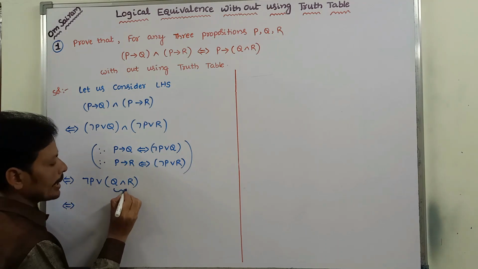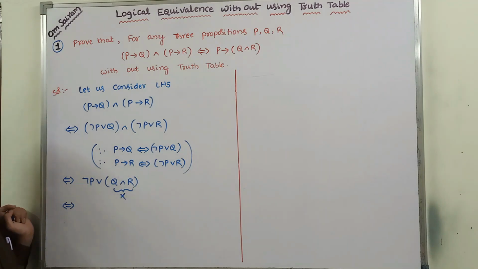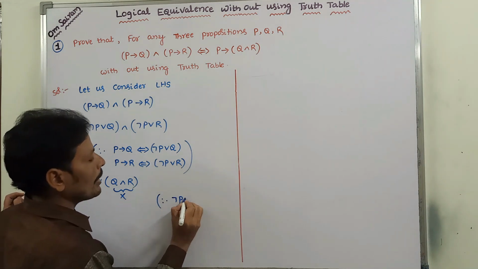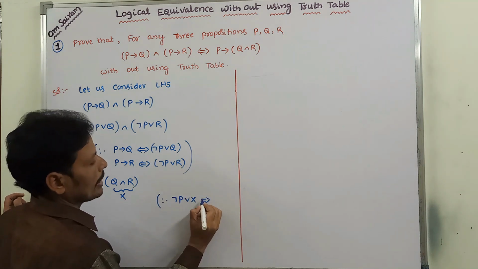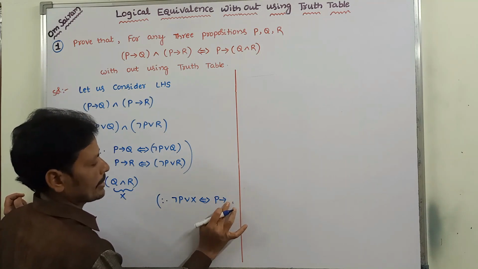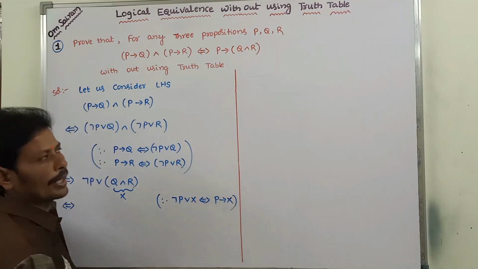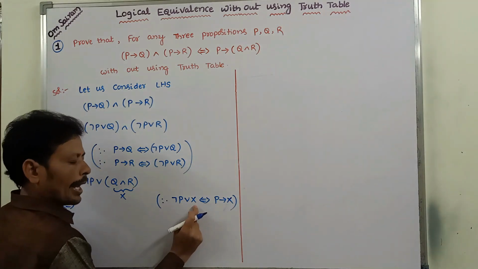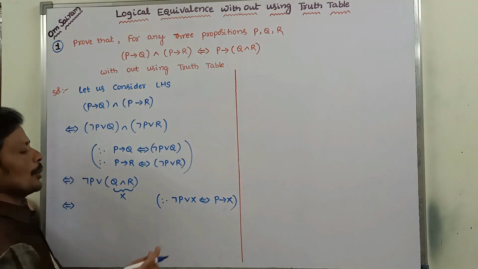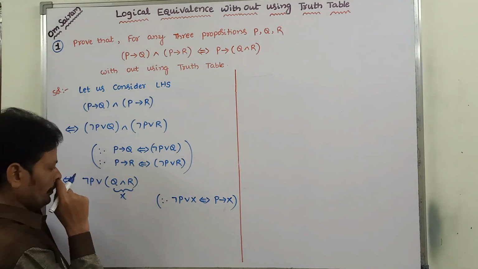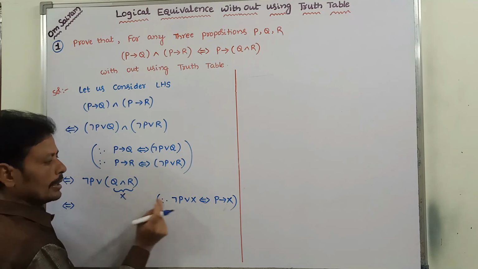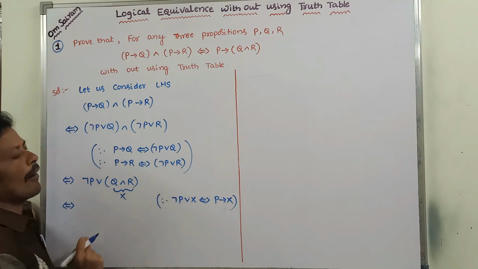Next, this entire thing, Q and R, can be taken as X. We already know that ¬P ∨ X is logically equivalent to P → X. So ¬P ∨ is here, and in the place of X, Q and R is there.